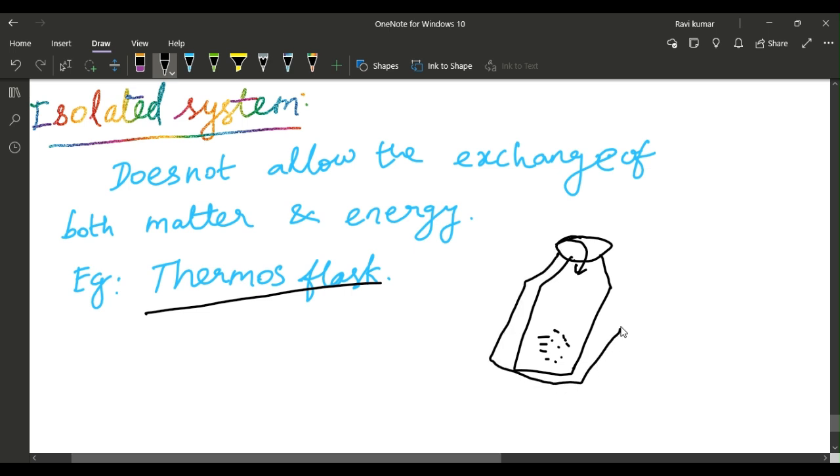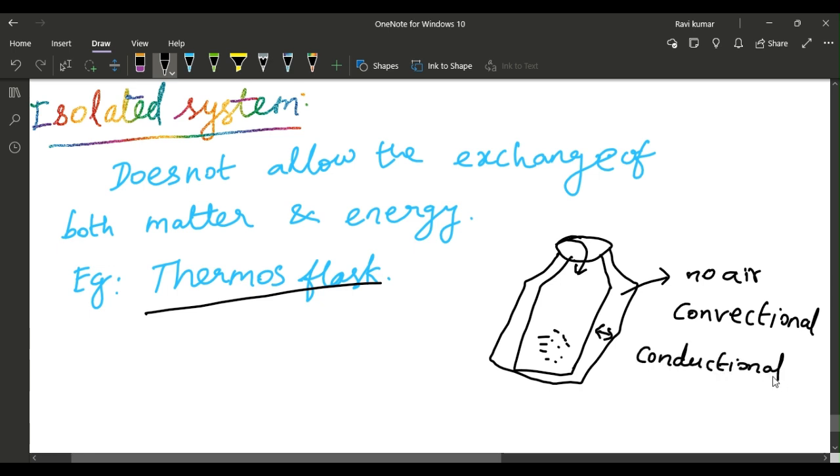Now the thermos flask contains a vacuum chamber where there is no air. So in this vacuum wall, convectional heat transfer is forbidden, and the walls are not in contact with each other, so conductional heat transfer is also forbidden here.